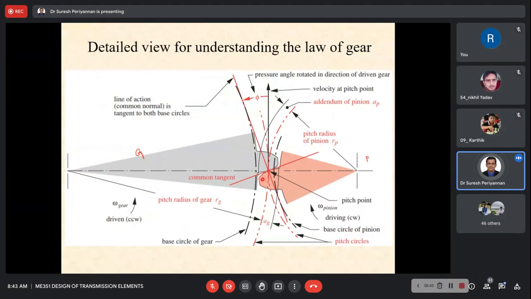For example, this is tooth one from the pinion and this is tooth one from the gear. Once this tooth engagement and disengagement is over, the other teeth come. Tooth two from the gear and tooth two from the pinion should contact at the same point. Then only are we able to get the constant velocity ratio. That is the law of gearing.